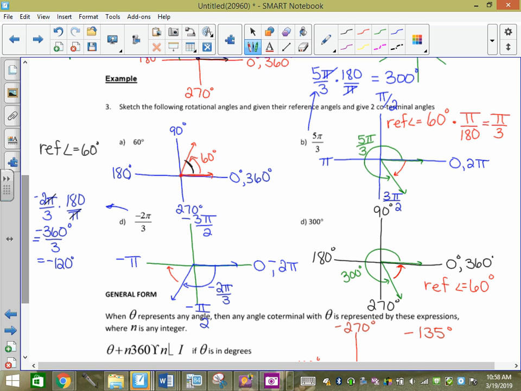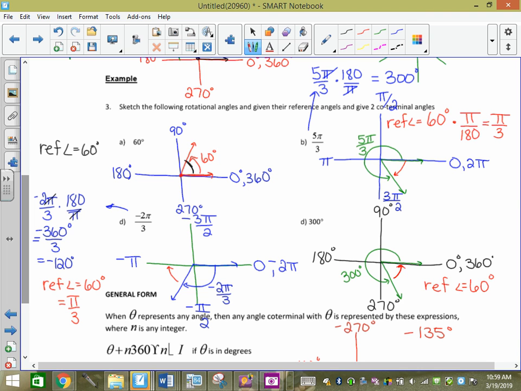So how far away am I from 180? 60. Can I put 60 degrees? No, I have to go reference angle is pi over 3. So actually every single one of these have reference angles of 60 even though they're in different quadrants. Right? Those two are just the same thing, just in radians.